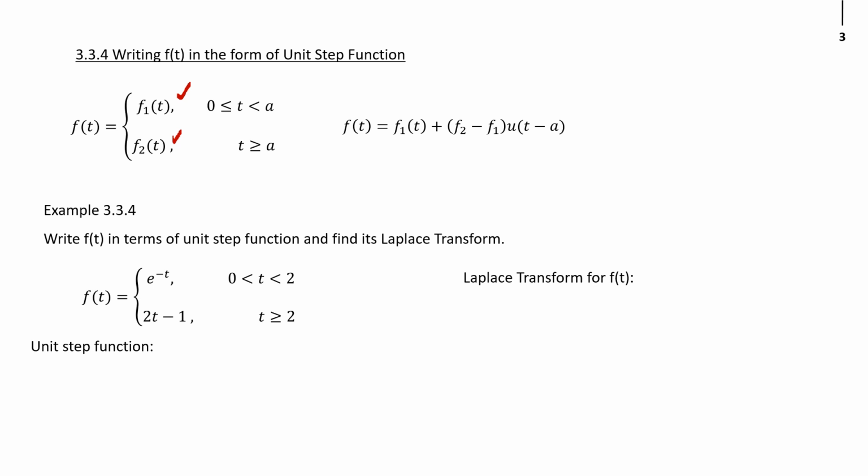So this is the way to write the unit step function. f(t) is f1(t) plus f2(t) minus f1(t) times u(t minus a).